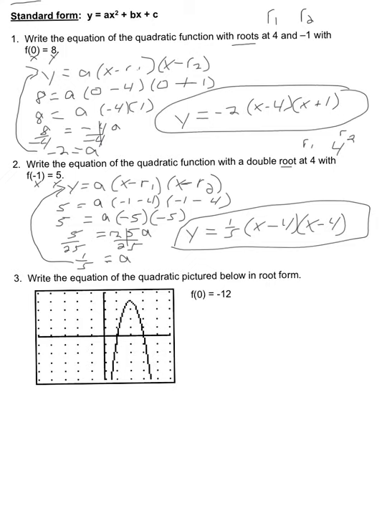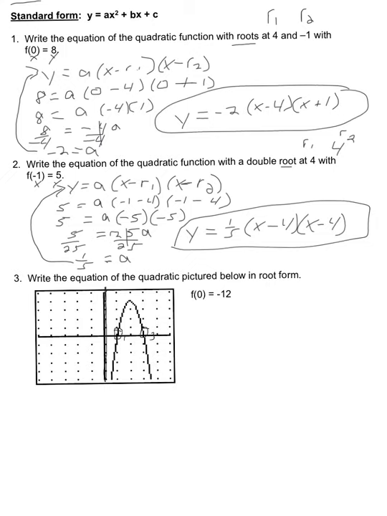Number 3, it's a graph, but I have my roots already present. Now, this is my y-axis, so these dots are not supposed to be there. My roots are also called zeros, which are also called x-intercepts, and I have 2 of them on this one. One of them is right here at an x value of 1, and I have one right here, where the x value is 3.